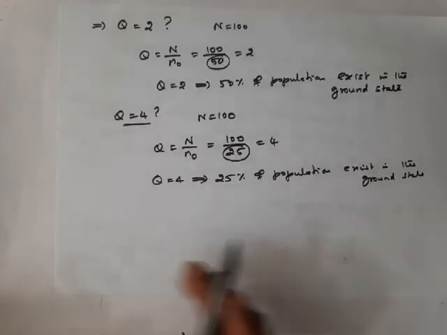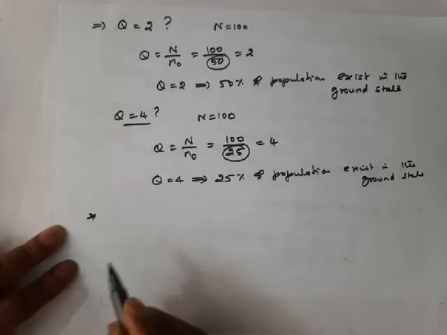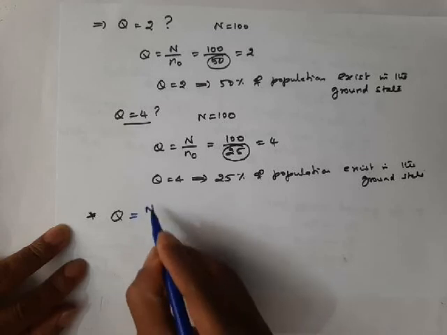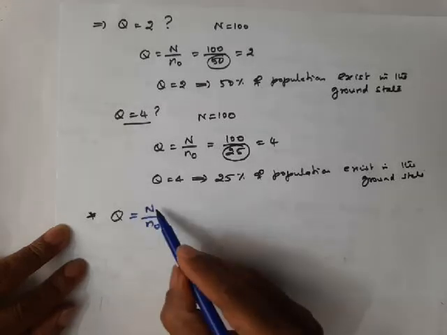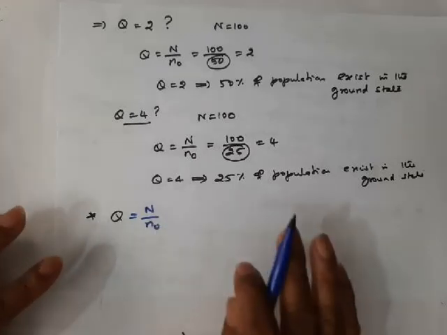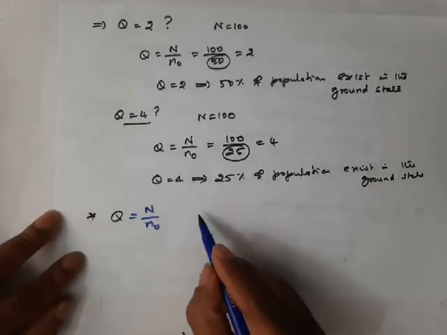Good. Then the next point: partition function Q. What is Q? Q is equal to N by N0. That's the formula, you know. N is the number of particles, N0 is also the number of particles. So you will never get any unit here. So what's the point?